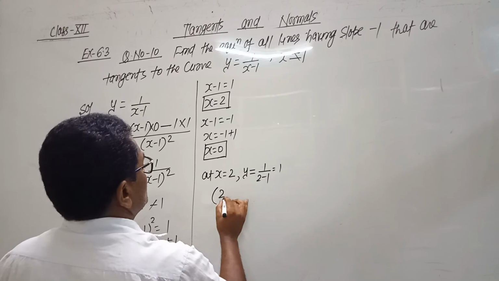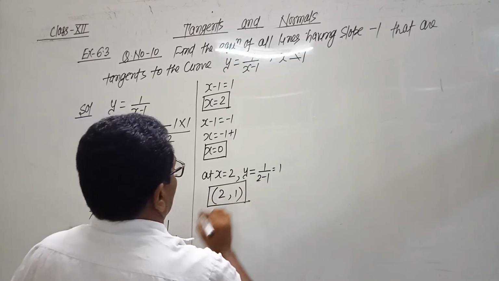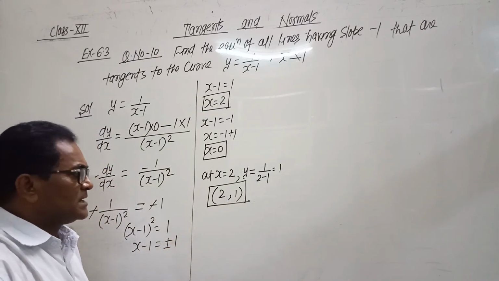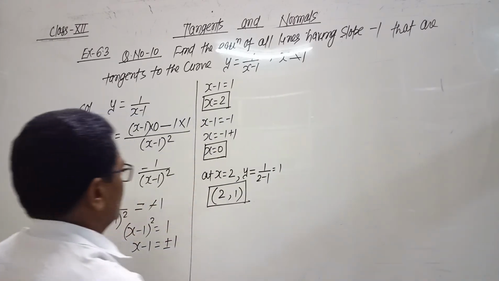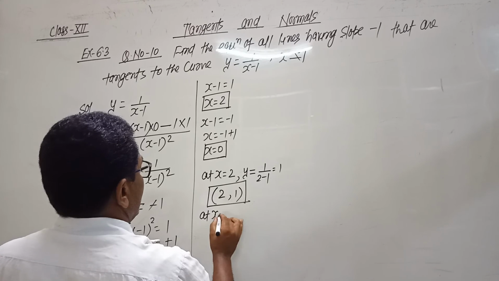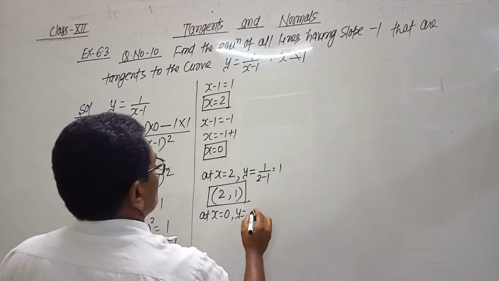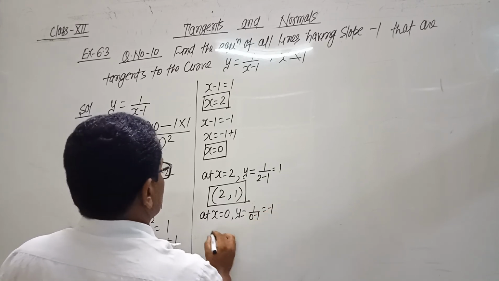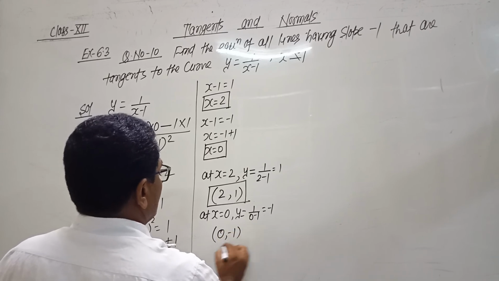The point comes to be 2 comma 1. At that point we have to find the equation of the tangent by taking the slope as minus 1. And when x equals 0, the value of y comes to be 1 upon 0 minus 1, which is minus 1. So another point comes to be 0 comma minus 1.